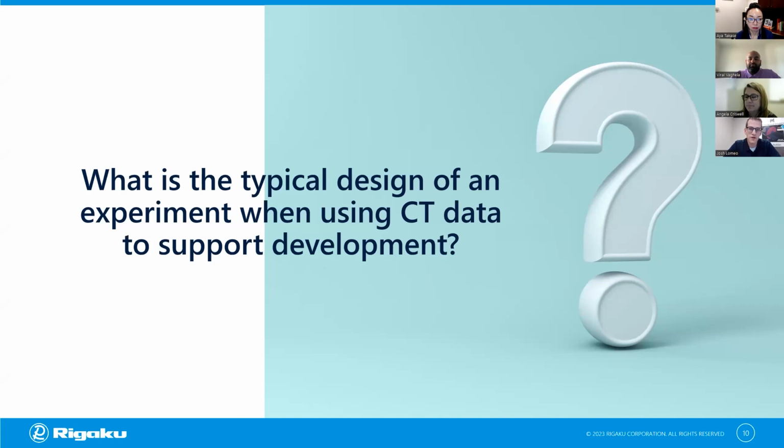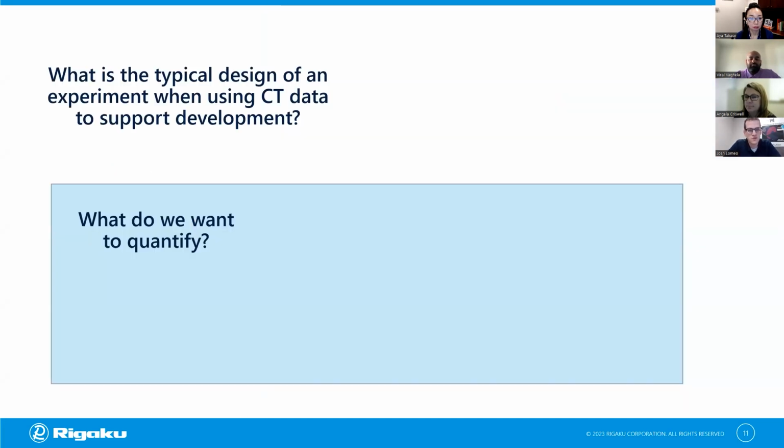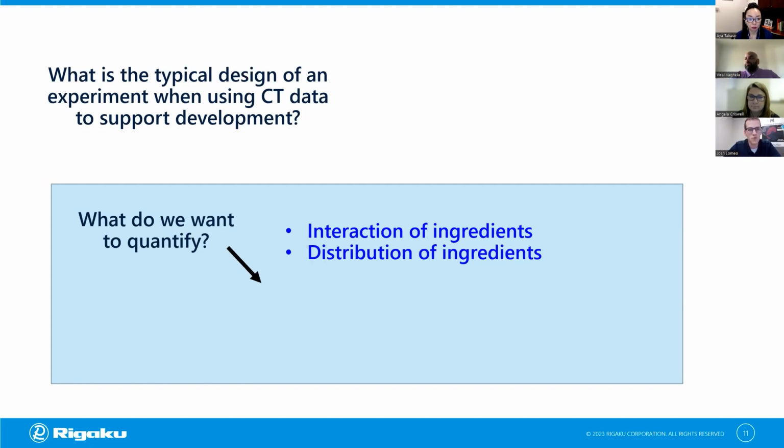Yeah, on that front, one of the first things we look to is what exactly we are looking to quantify. And that's a really important goal because we want to really understand how we're designing our experiment around those objectives. And this can come in drug development to a variety of things, like, do we want to understand how the ingredients are interacting within the tablet or in the drug product? The distribution of the ingredients.